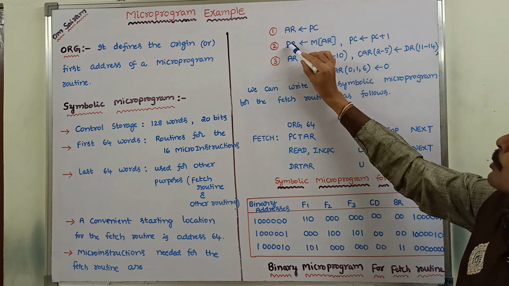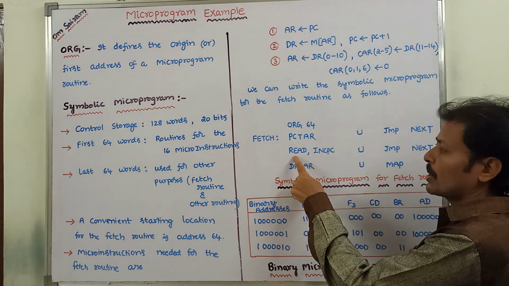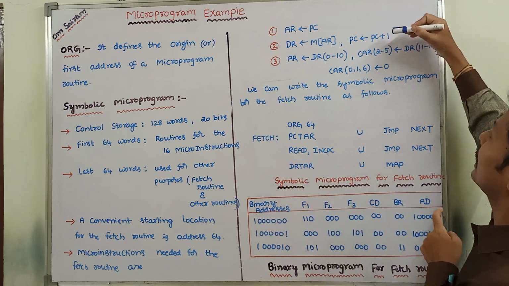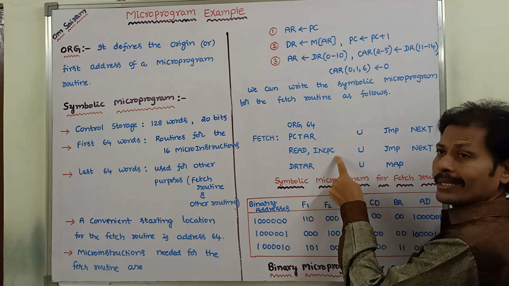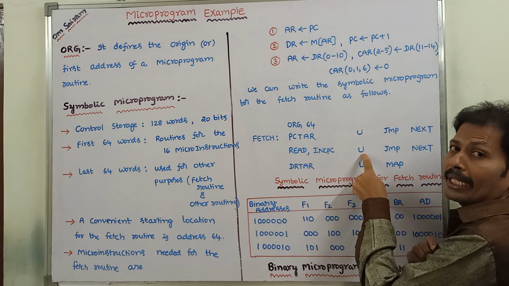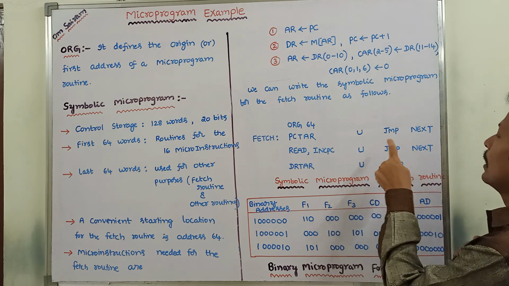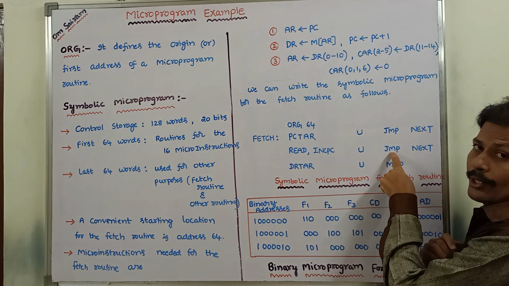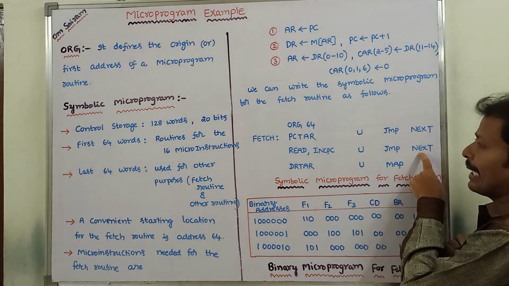We have to read the micro instruction from the memory. For that purpose, we have to read and increment PC by 1. That is nothing but INC PC. We do not check any condition, so we write U in the CD field. The BR field contains JMP and the address field contains NEXT.